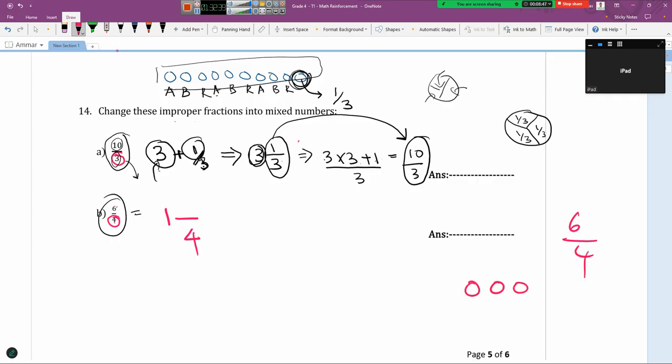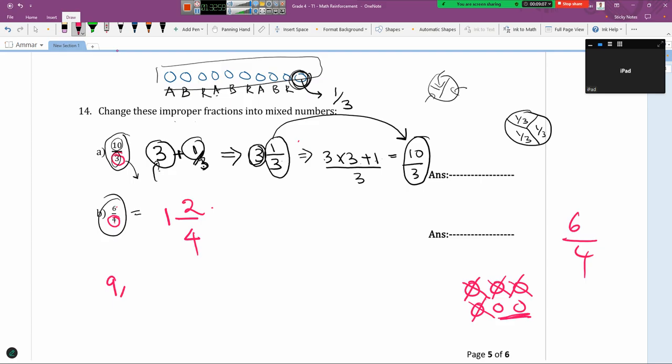So let's say we have 6, and we divide by 4. So each person will receive only 1. So one person obtained this, the second person, the third person, and the fourth person. So how many remaining? 2. So 2 should be written here.